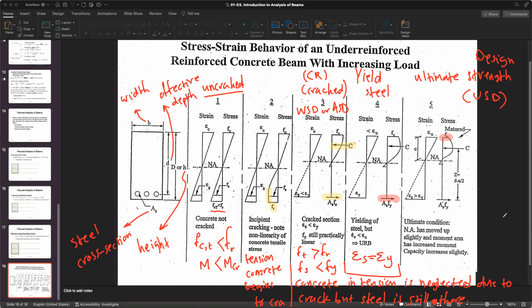So what happens? First of all, you became totally nonlinear. All right. Your steel has reached the yield strength, Fy, right? Your concrete has reached your ultimate.